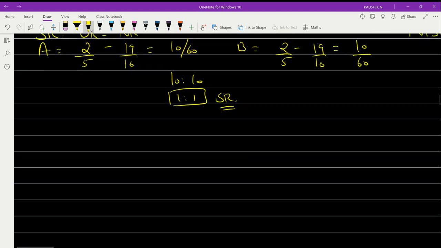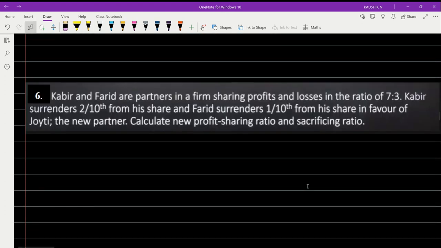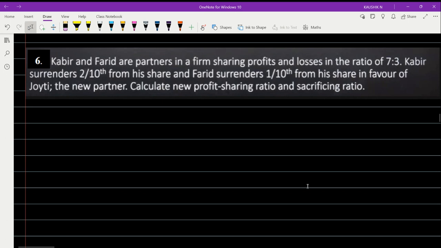Okay. Moving on to the next problem. Problem number 6. What is mentioned here? There are partners Kabir and Farid sharing profits and losses in the ratio of 7 is to 3.